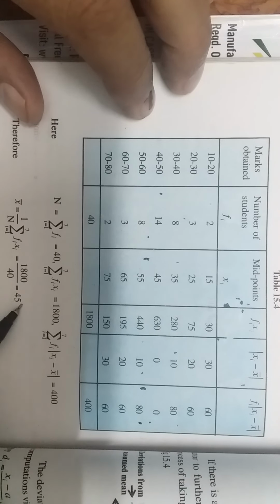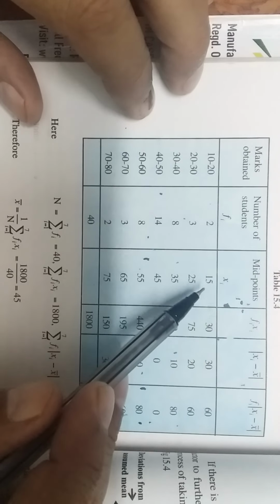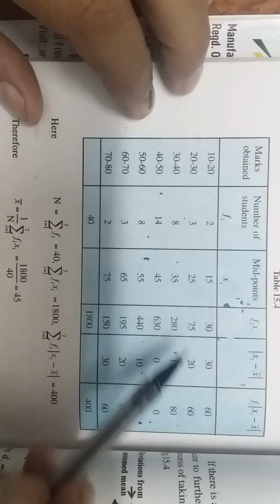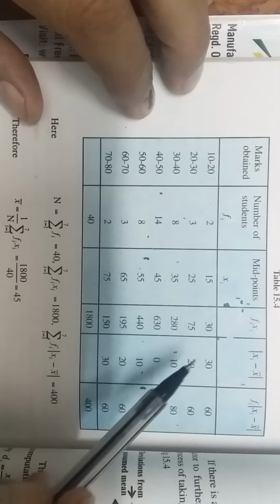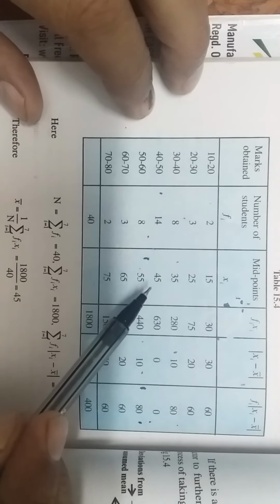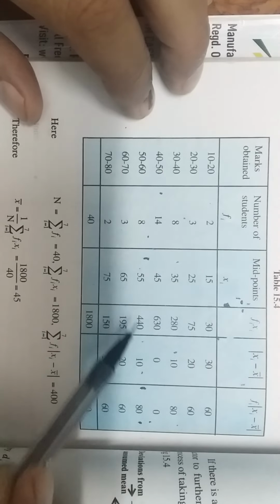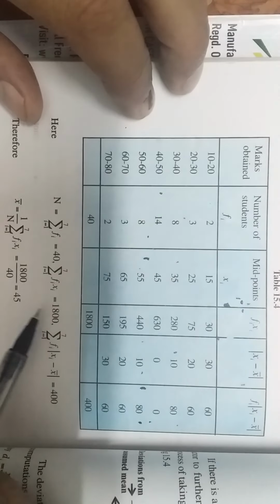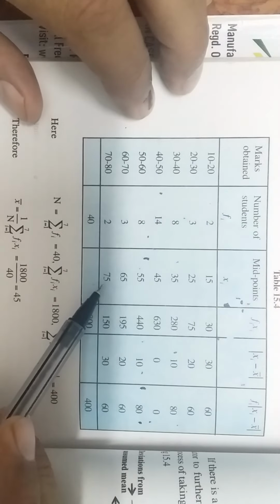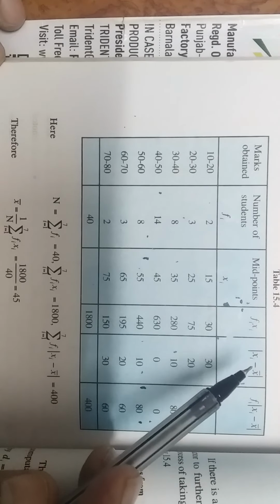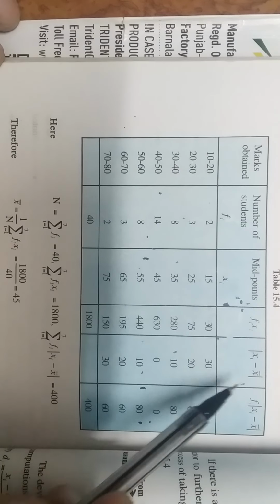So 15 minus 45 is minus 30, taking mod, it is plus 30. 25 minus 45, 20, 35 minus 45, 10, 45 minus 45, 0, 55 minus 45, 10, 65 minus 45, 20, 75 minus 45, 30. So this is the mod of deviation, xi minus x bar.